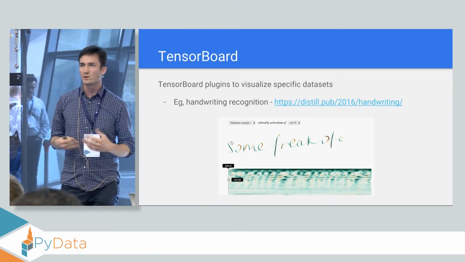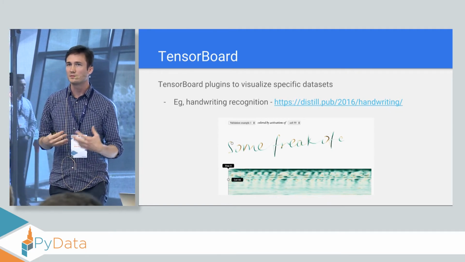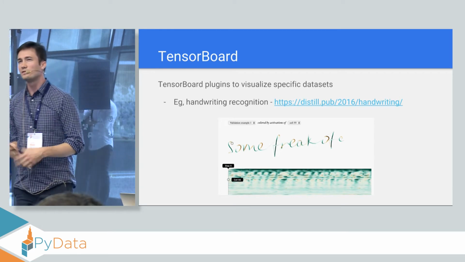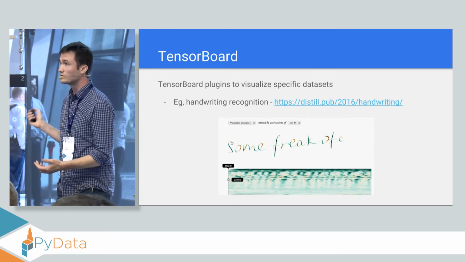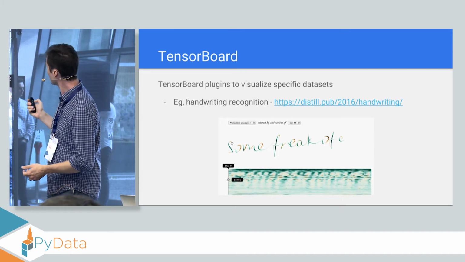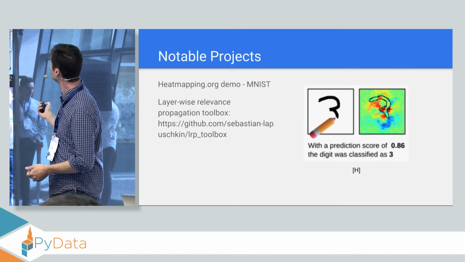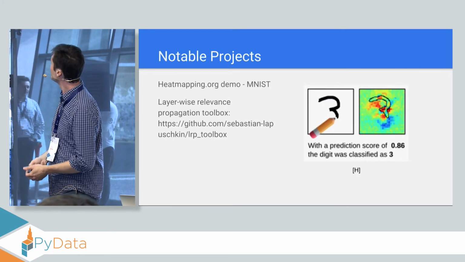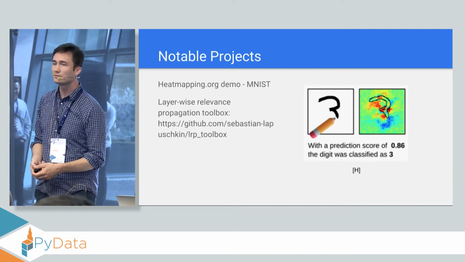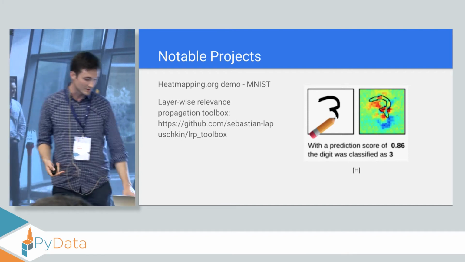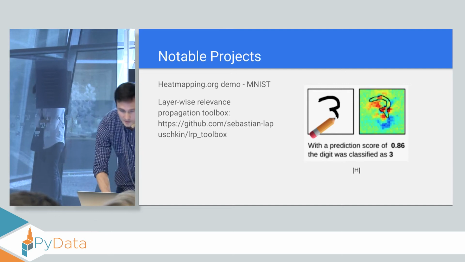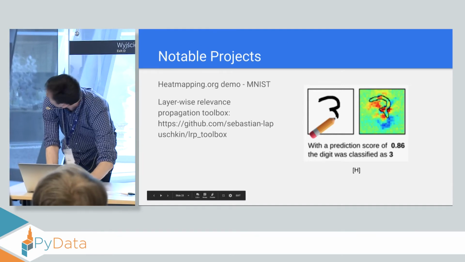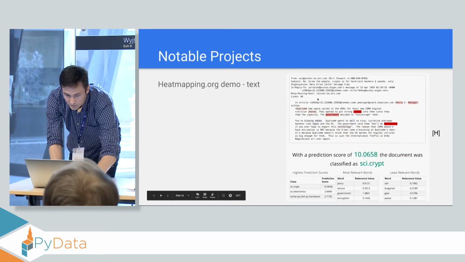If you're working on a project for a long time and you want to develop a consistent visualization, you can share that with the open source community through TensorFlow. And heatmapping.org has some other very nice visualizations I'd like to open up and share with you as well.